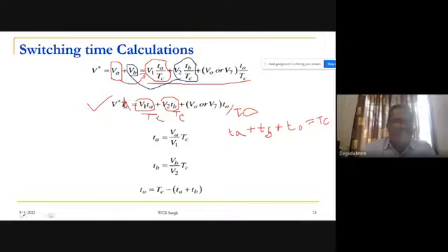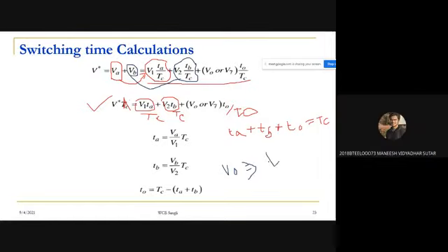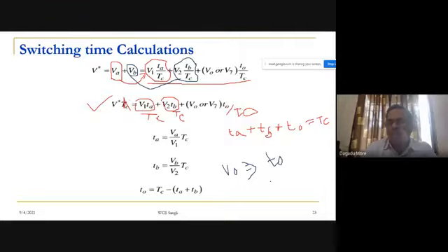And how long do we apply V7? Again, T0 by 2.